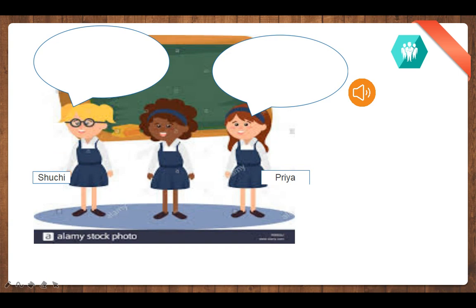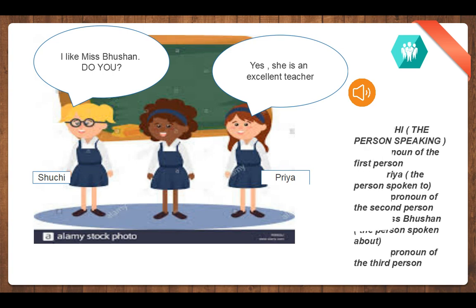Now look at this example. Suchi is speaking to Priya. I like Miss Bhushan. Do you? Then Priya is answering, yes, she is an excellent teacher. So here, students, you'll find out that I stands for Suchi, the person speaking.